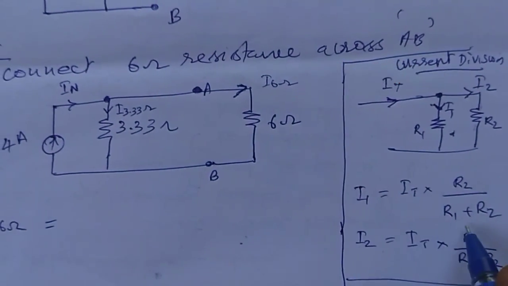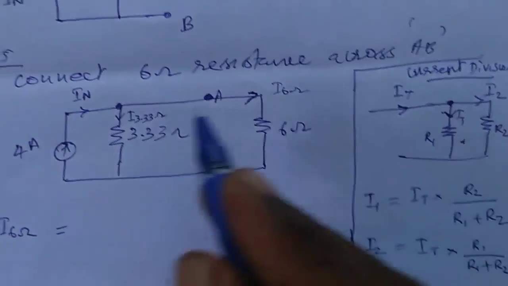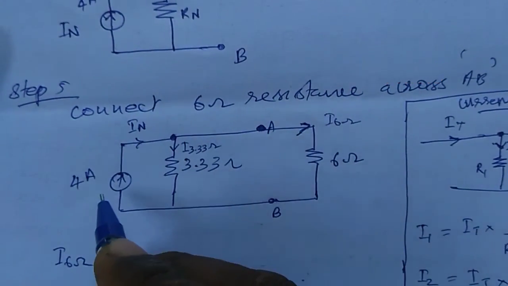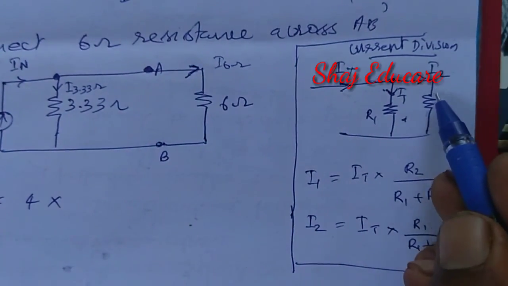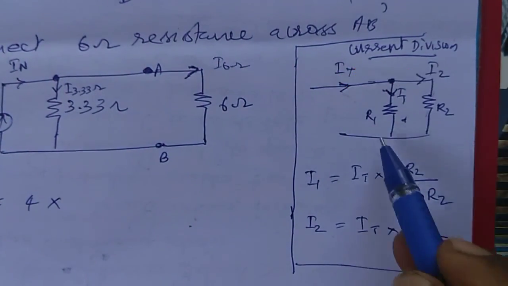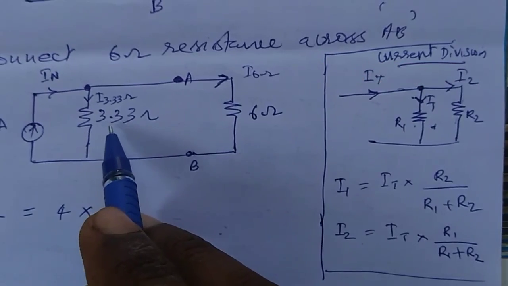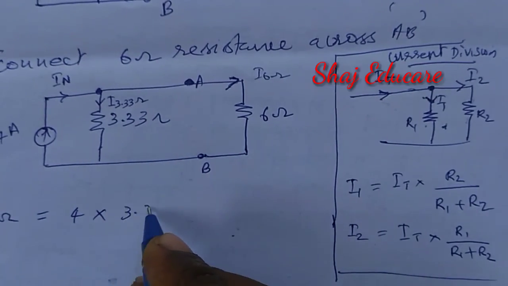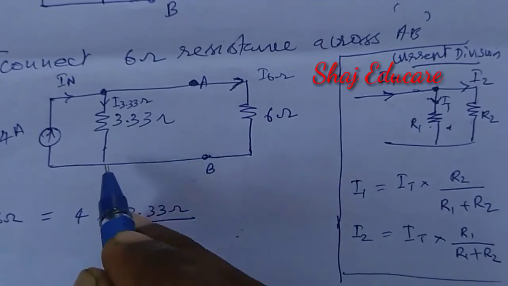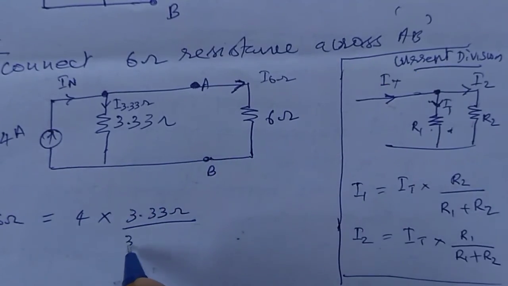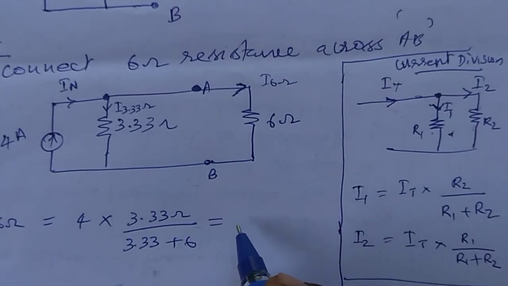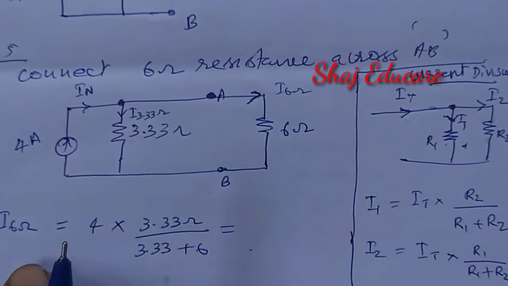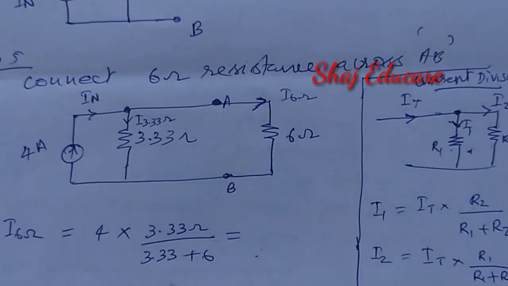What about the total current? This is the total current, in our case Norton's current, that is equal to 4 into R1 divided by R1 plus R2. In place of R1, here we have 3.33 ohm divided by the total resistance in this loop, that is 3.33 plus 6. That will be the current flowing through the 6 ohm resistance.